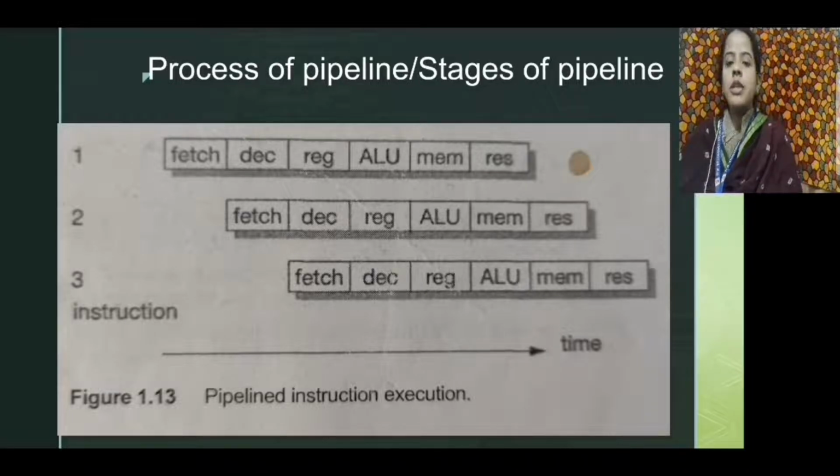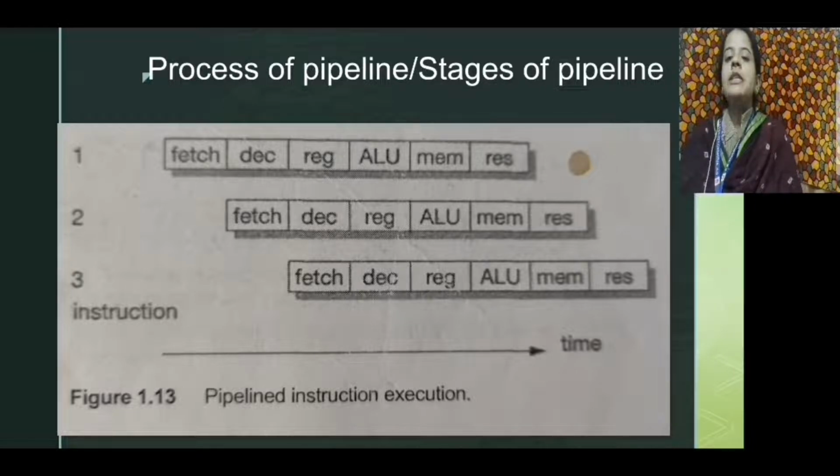Now goes to the next phase, that's RES, which is also registers. This phase writes the result back to the register bank. That means whatever the resultant elements are, they are stored so the output can be viewed on screen. So in this case the register bank RES phase is used.